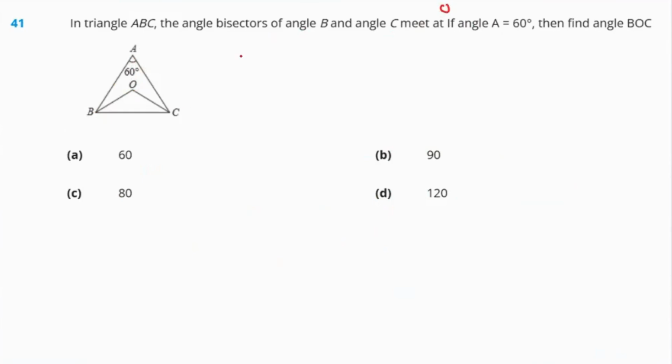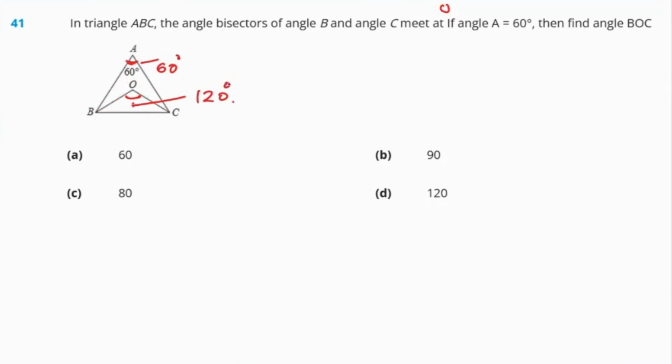Whatever the angle may be, in a triangle, if the angle bisectors of these two angles meet at a point, and we have to find this angle, whatever the angle is at the upper side, this angle will always be double of that angle. Like if this is 60, then this will become 120.